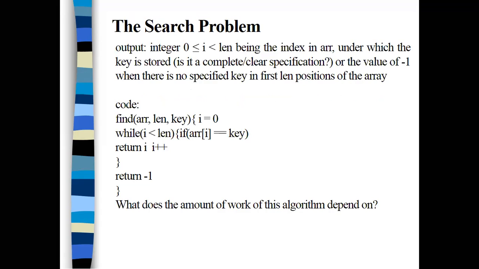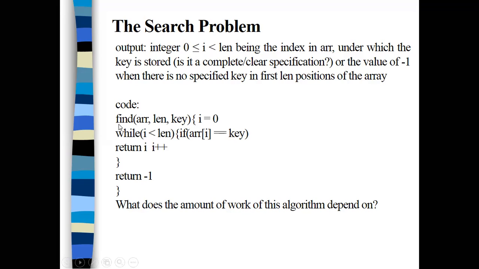Here we run a while loop in a search problem. The output is the index in the array under which the key is stored, or the value -1 if the key is not present in the array.